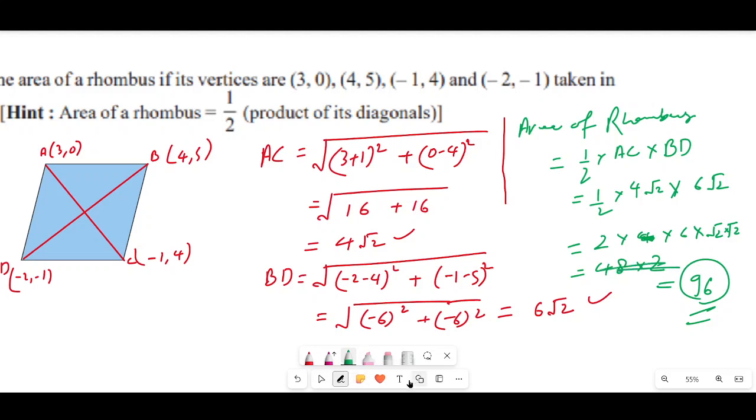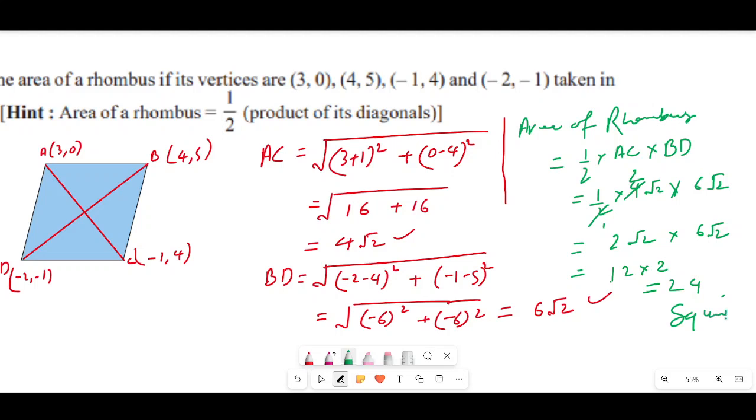Now the answer will be, 1 by 2 of 4 root 2 is 2 root 2, and 6 root 2, then the product will be 2 6s are 12, 12 into 2, that means 24 square units. Clear? That is the answer.